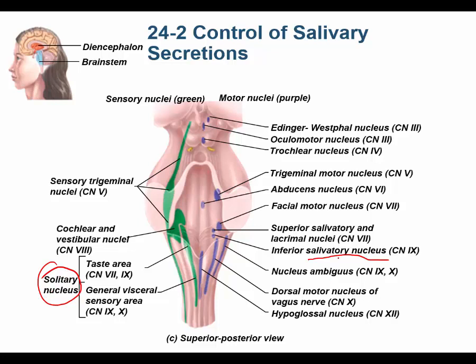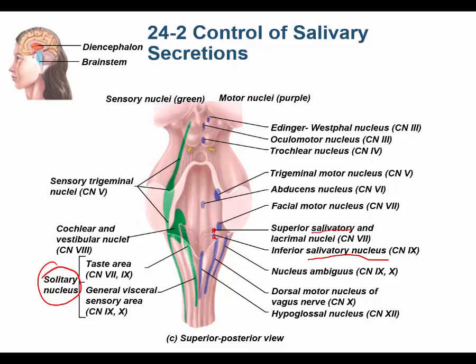What happens is the salivary glands are controlled by cranial nerves 7 and 9, and you probably remember this from previous lectures where we've talked about the cranial nerves. These 7 and 9 go through these salivatory nuclei, and you can see where these are right here, and right here.